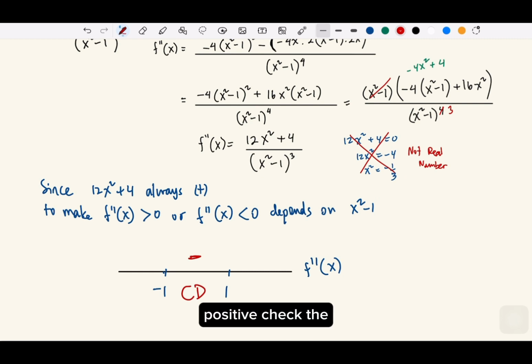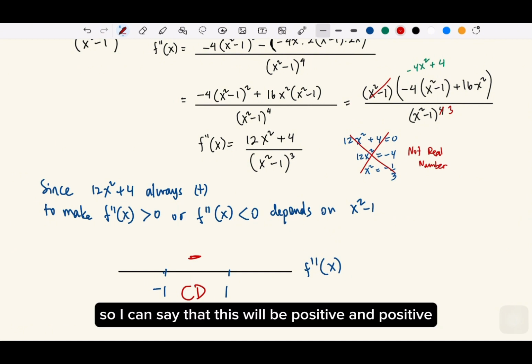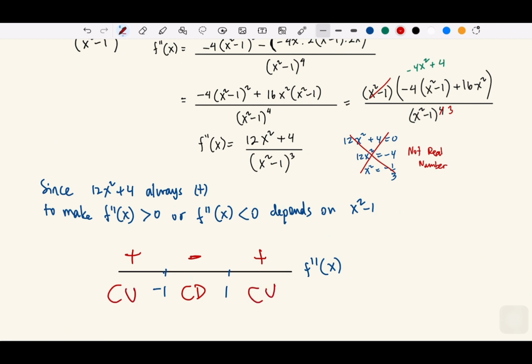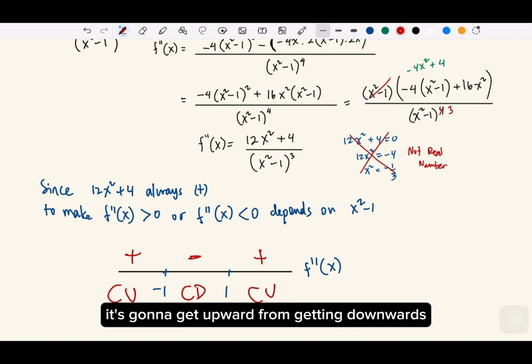Then check the last one on the right, x equal 2. So it will be positive, positive, right? Agree? So this is concave upwards, and we see it's concave upwards, concave downwards.